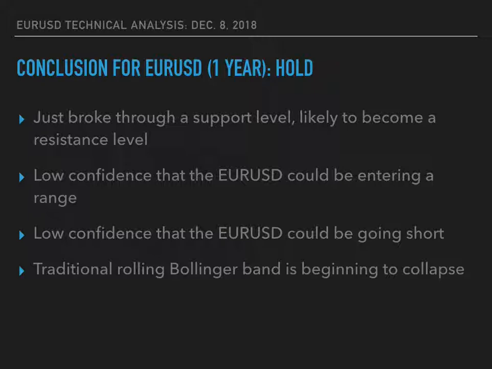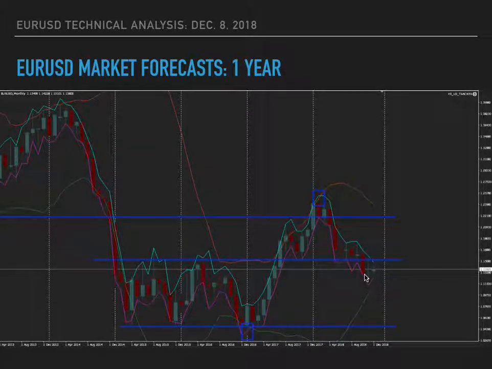The market just broke through a support level, likely becoming a resistance level, as we saw. Low confidence in that the market is entering a ranging period, just because it did just break through this level of support, which it could come back and test and then sharply be rejected, or it could simply continue this downward trend, though the Bollinger Bands do indicate that the market volatility is slowing down, the market momentum is slowing down.